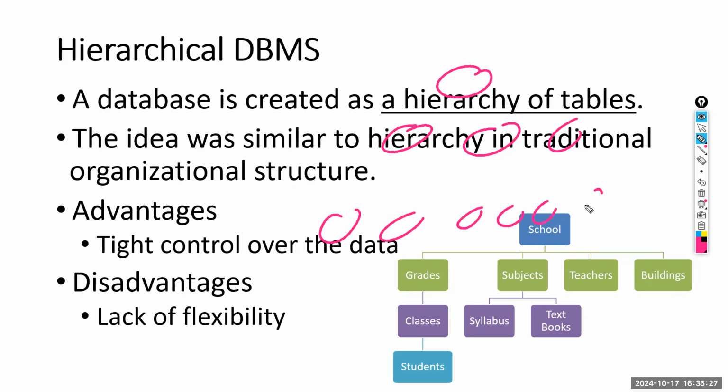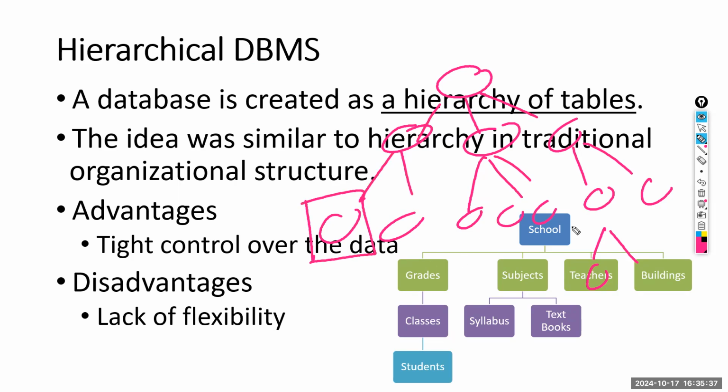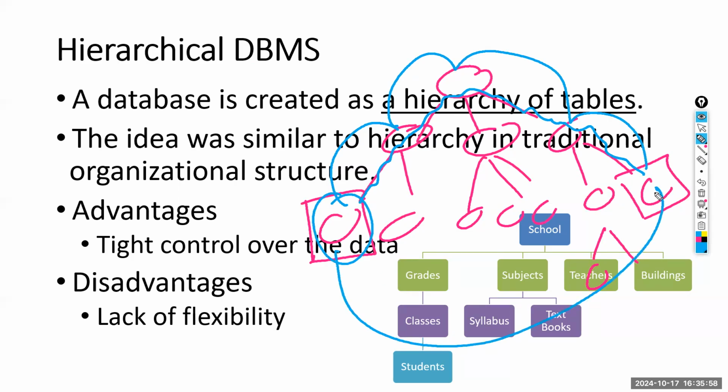So try to understand this. If you want to relate this particular data with this particular data, you need to go through the hierarchy. There's no alternative. For example, you need to go through this path. This related to this related to this. There's no way you can directly relate this and this. If you want to relate this and this, you need to go through this hierarchy.